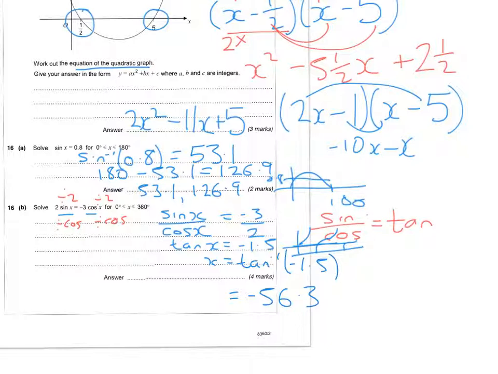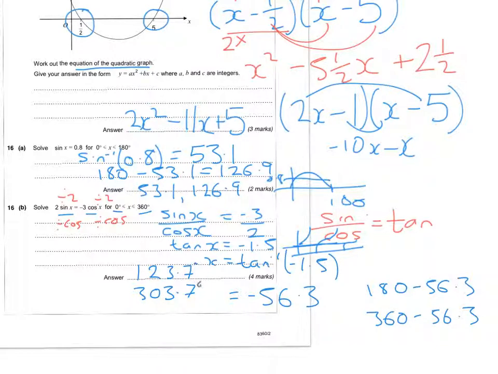I want solutions from 0 to 360, so that's not one of them, but my other solutions will be 180 minus 56.3 and 360 minus 56.3. So 123.7 and 303.7 degrees.